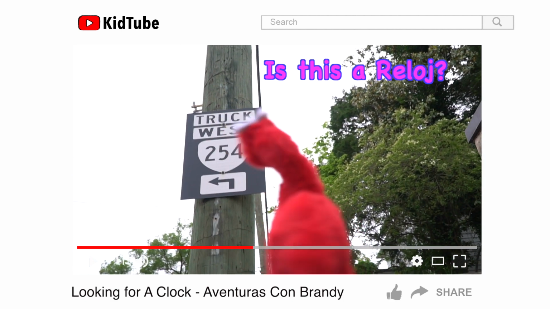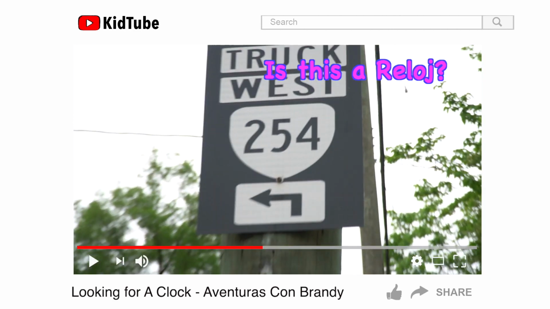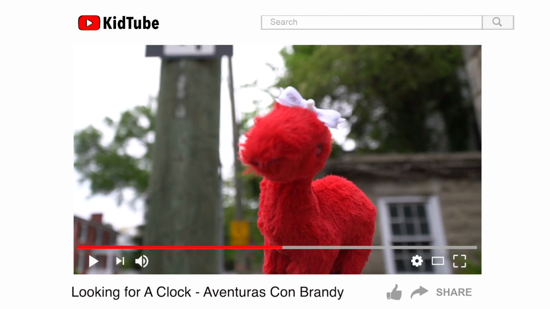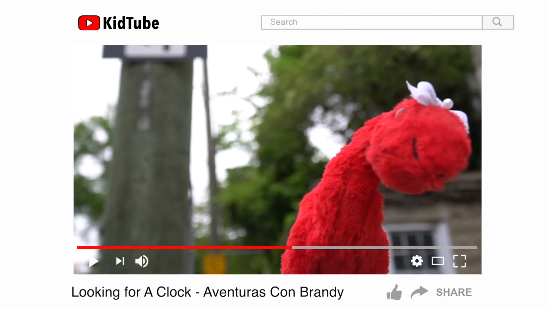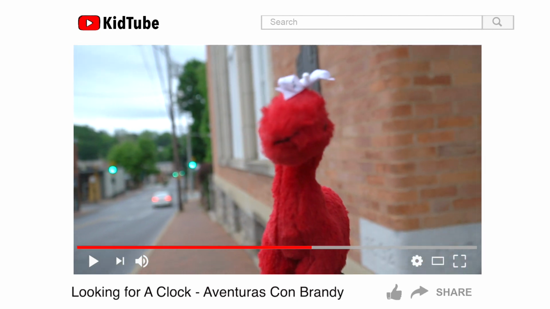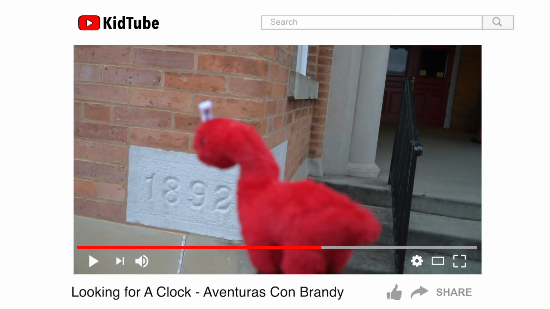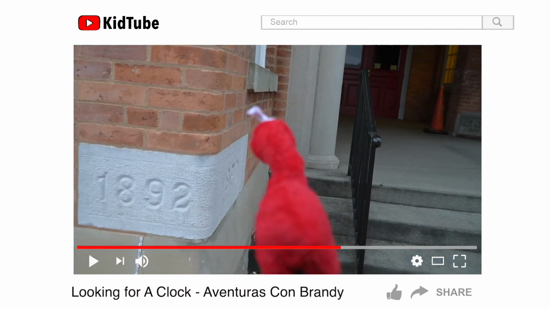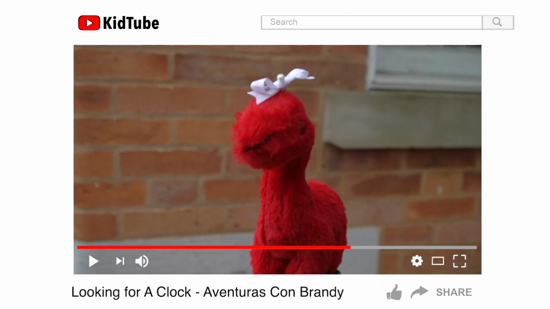¿Es esto un reloj? ¿Estás seguro? Are you sure? Ok, vamos pues. ¿Es esto un reloj? No. Ok, I keep looking.